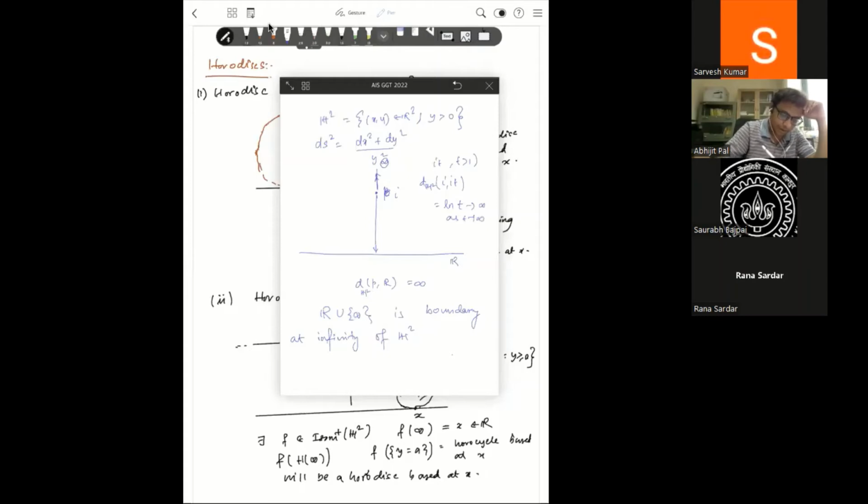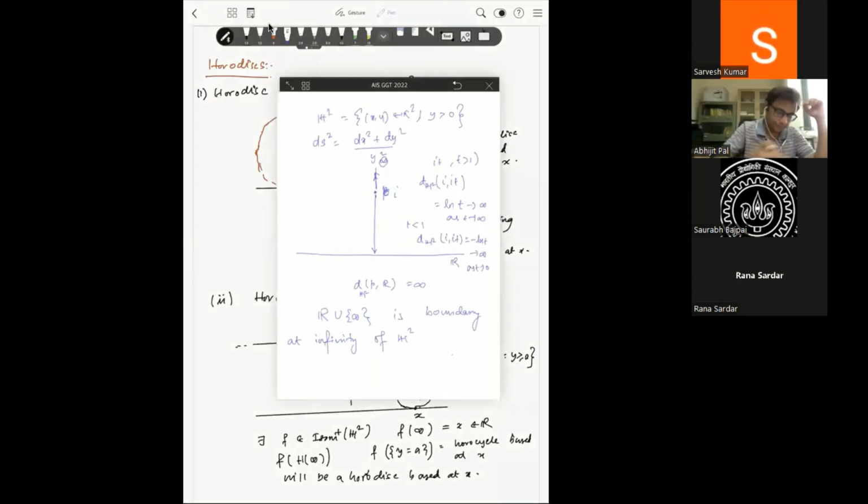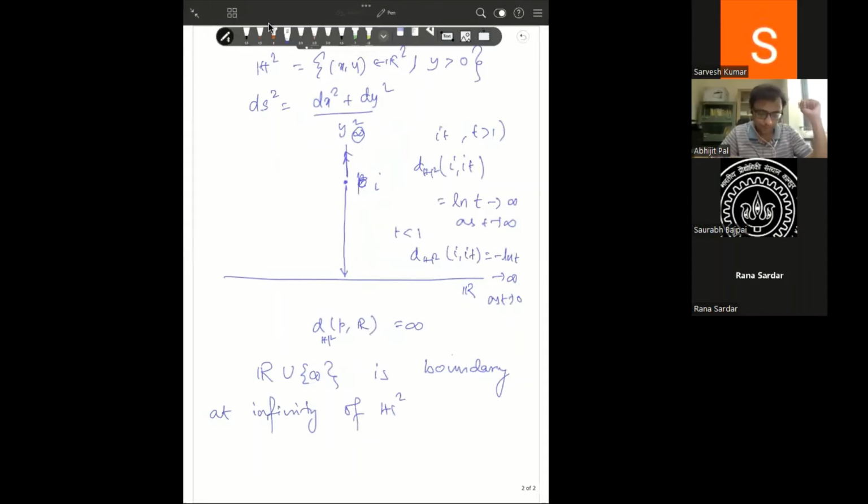If I take t less than 1, this distance will be minus log t, which goes to infinity as t tends to 0. Is it okay?